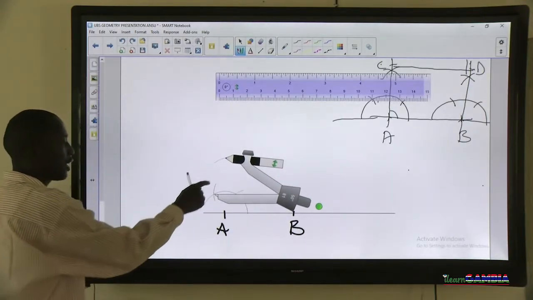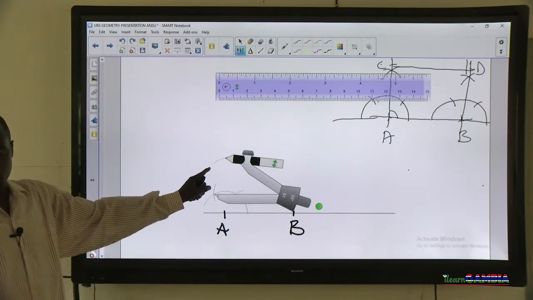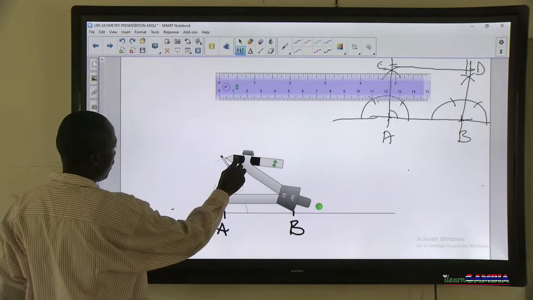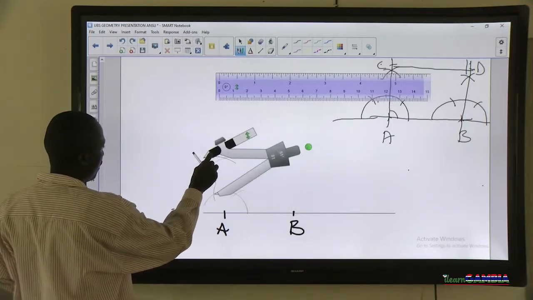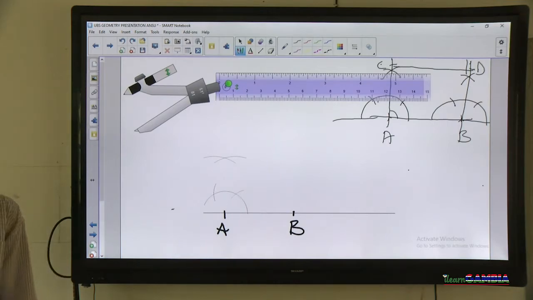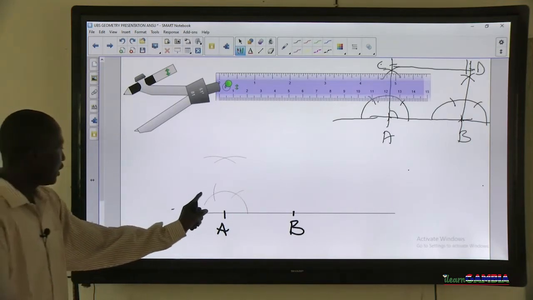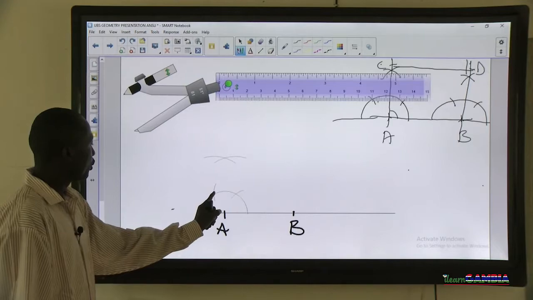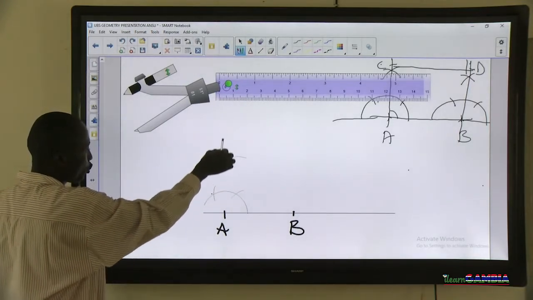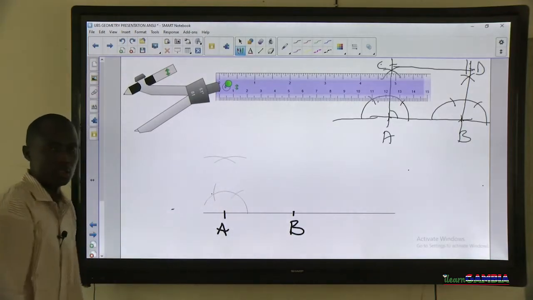Draw another arc to intersect with the first one you have drawn. Now, what have we just done? We have bisected these two lines. So, I'm going to draw a straight line through this point to point A.